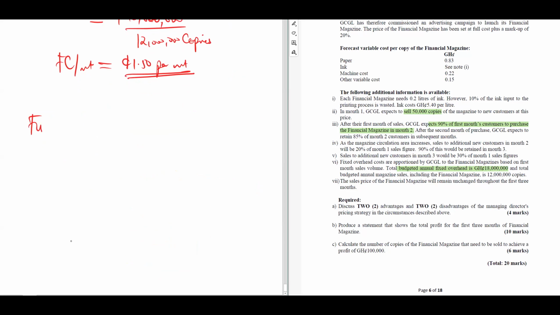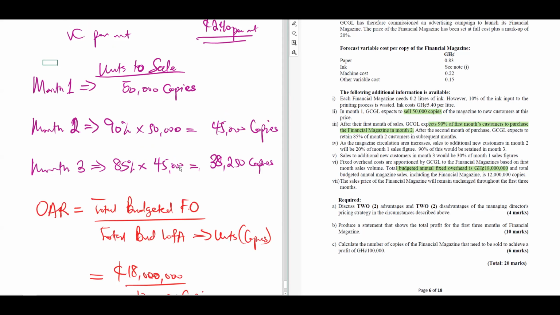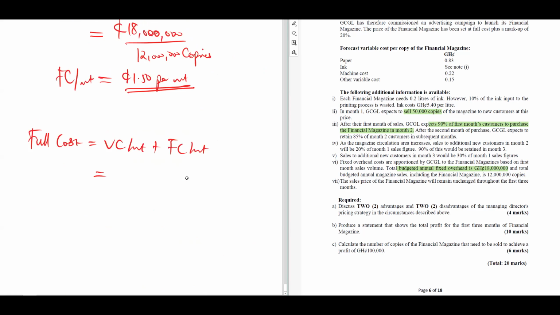That means now we can get full cost per unit, right? So our full cost, we know, is variable cost per unit plus our fixed cost per unit. How much was our variable cost per unit? 2.40 pesos, not so.